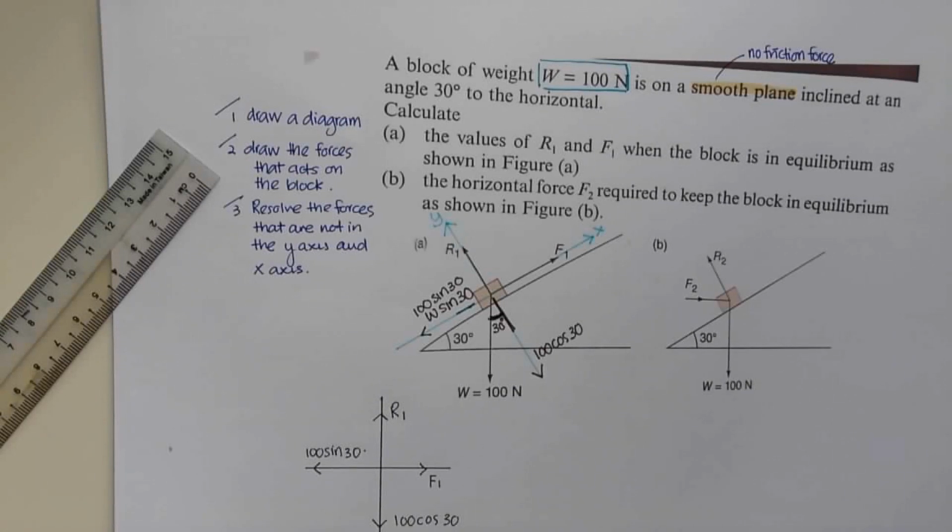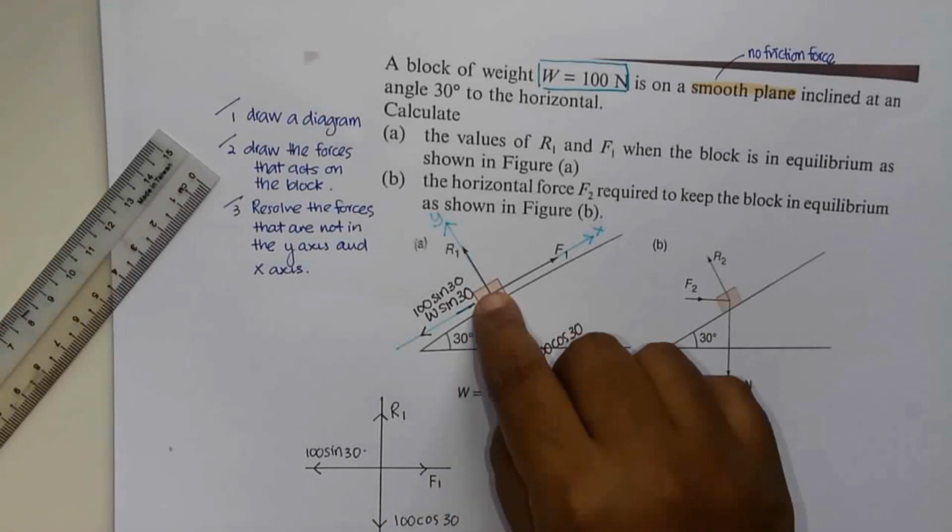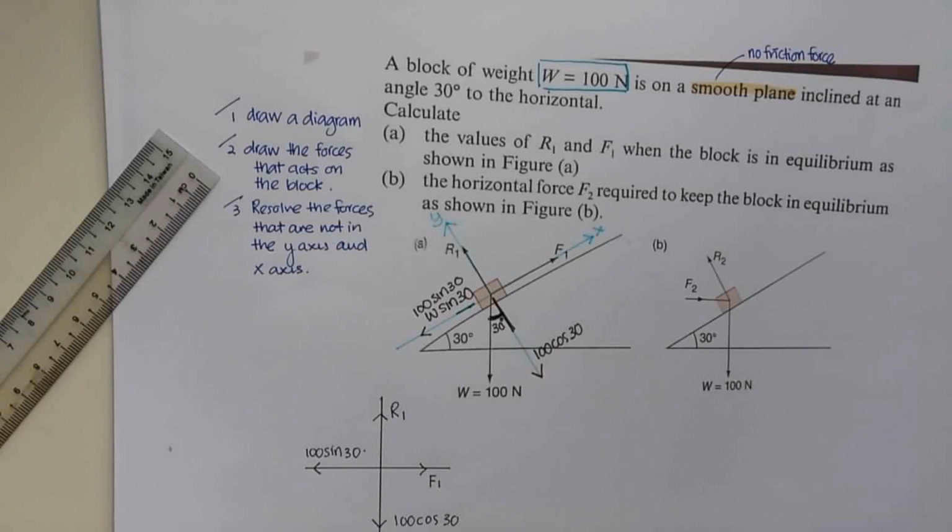In order for the particle, which is the block of weight, to be in equilibrium, we must apply the condition that no resultant force acts on it.